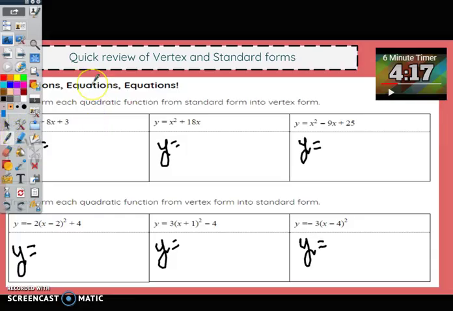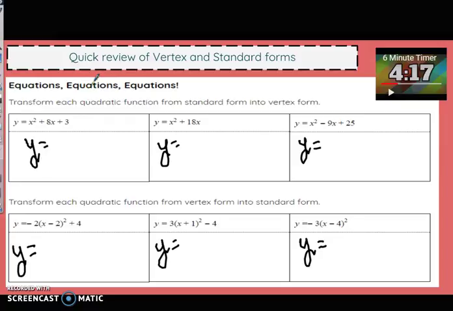Okay, so table 5 over there, can you tell me what you got on this first one? Okay. Table 4, can you tell me what you got on the second one?